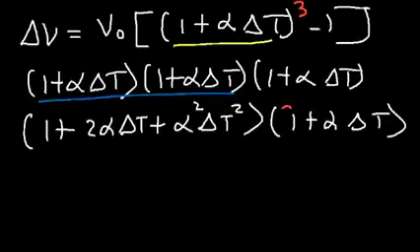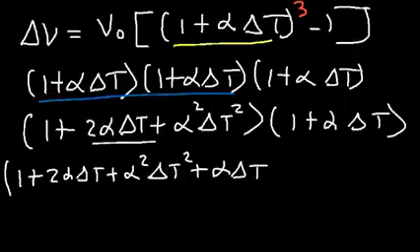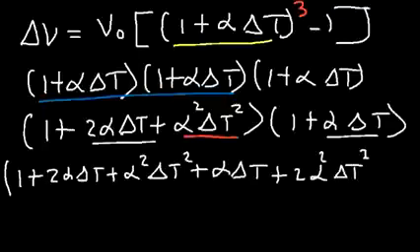So 1 times these three terms is going to be the same thing on the left: 1 plus 2 alpha delta T plus alpha squared delta T squared. And then alpha delta T times these three terms: 1 times alpha delta T is just alpha delta T. And then these two multiplied give 2 alpha squared delta T squared. And then finally, these two multiplied will be alpha cubed times delta T cubed.